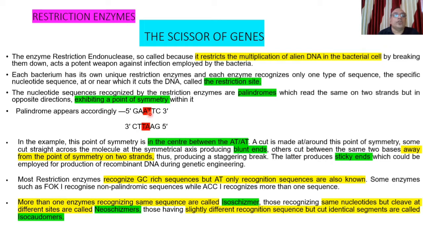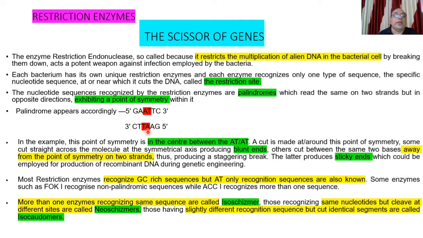Now, most of the palindromic sequences have a point of symmetry in the midst. Here in this example, you see AT, AT. Now, on the right side, TC, TC. On the left side, GA, GA.